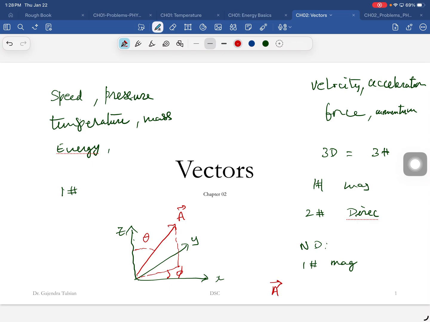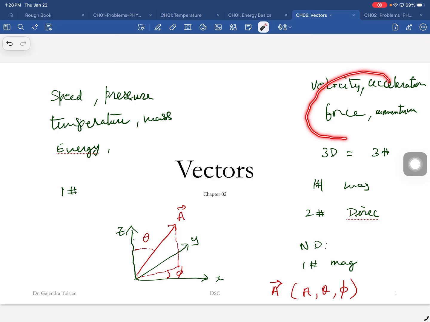Now, intuitively, you probably know this. What is 2a? What do you think that means? Yeah, double the magnitude. Very good. You intuitively knew that. But here's what you've done. This is a vector. What is this?